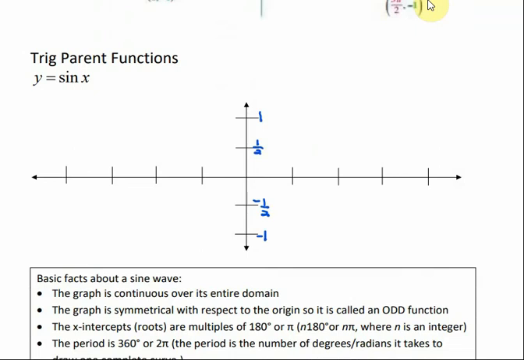And then we'll have our quadrantal values. So this would be pi over 2, this would be pi, this is 3 pi over 2, and this is 2 pi. Of course, this here in the middle is 0, and then this will be our negative values.